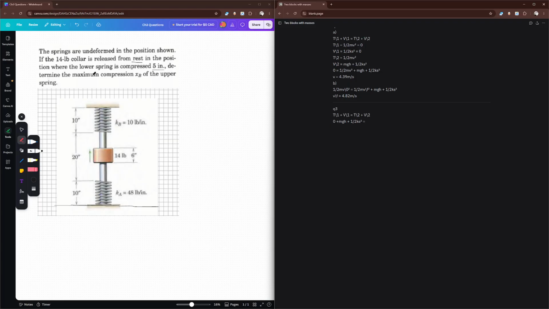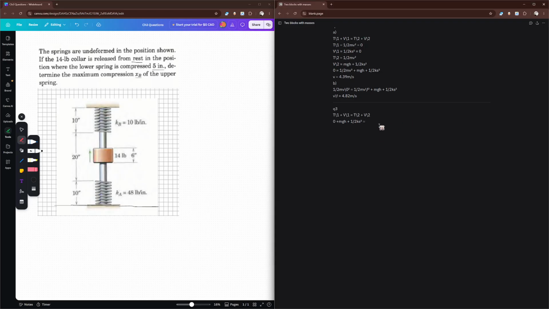we're not told that it actually accelerates at all. We just want the maximum compression of the upper spring. So we're assuming that it goes from here, and then in its final state, when it's launched, we want the maximum compression.